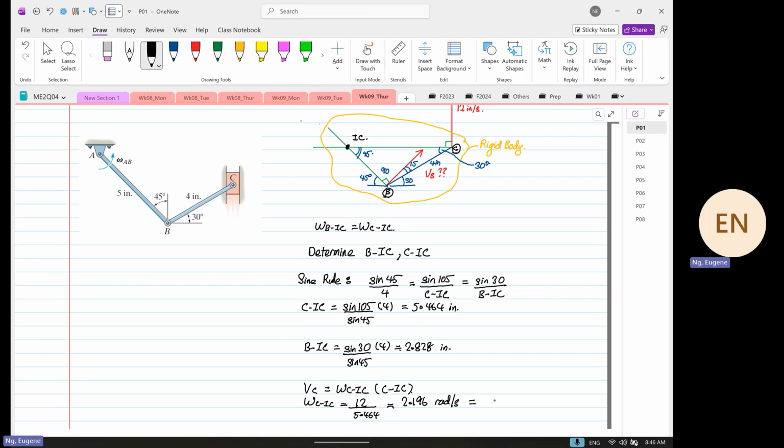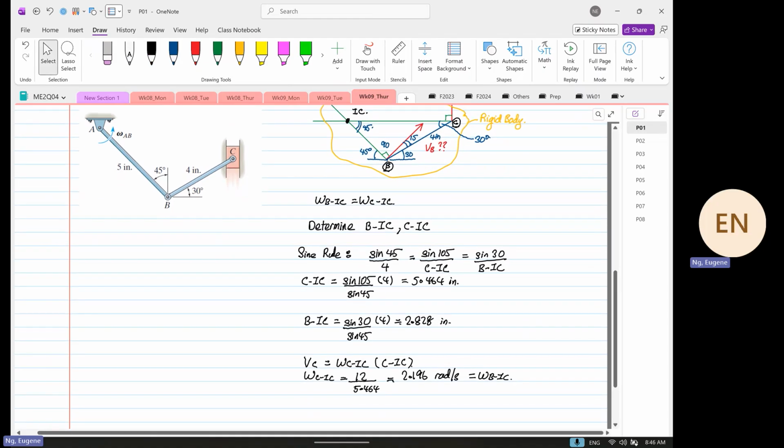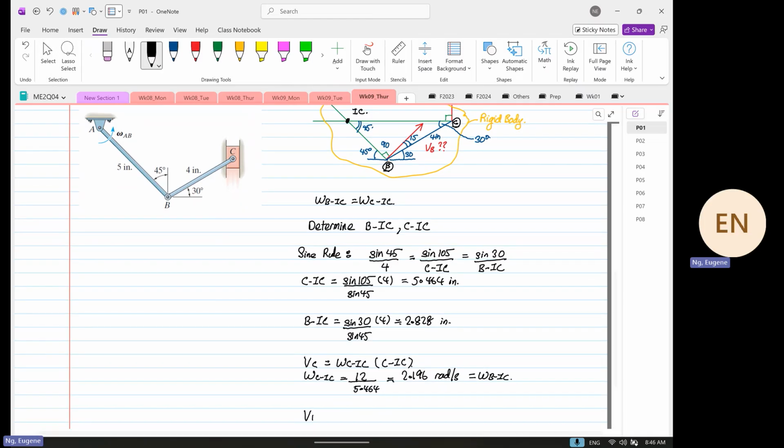And this is also equal to your omega BIC, right? So now from here we can find our VB, which is equal to omega BIC multiplied by B to IC.